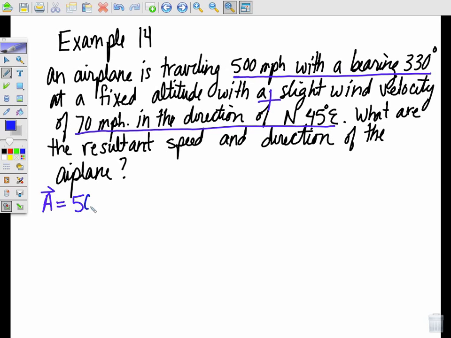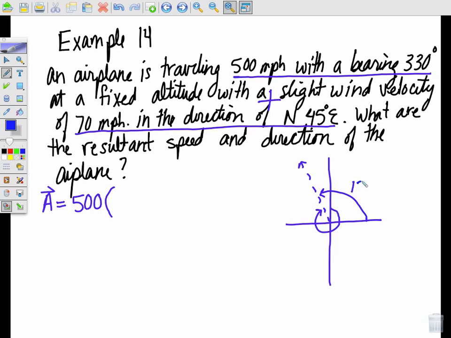So for the airplane's vector, we have a velocity of 500 miles per hour, so it's 500 times the direction. If I've got the airplane at 330, let's look at where 330 is located. I'm going clockwise all the way around to 330.